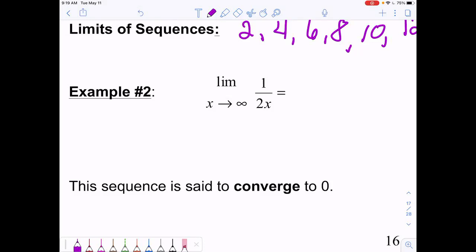The terms of the sequence are just the numbers 2, 4, 6, 8, 10, 12. So if I wanted to find the first, let's say 5 terms of this sequence, how would you find the first 5 terms of this sequence if my formula was 1 over 2x? So how could I find a term in the sequence or a number in the sequence?